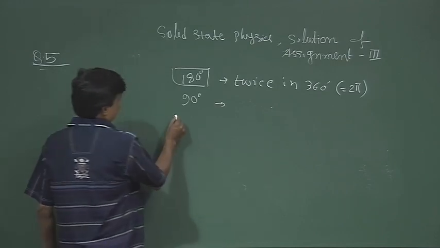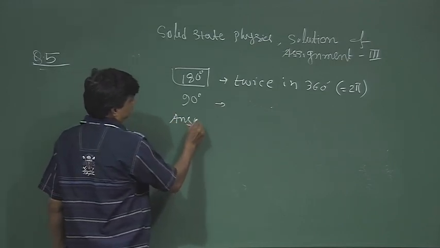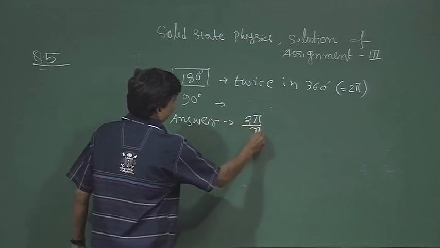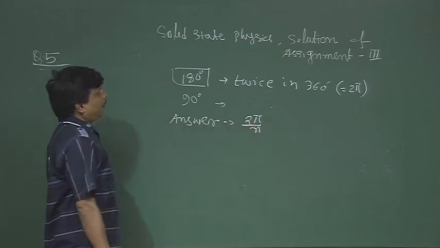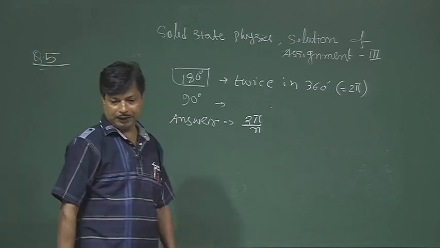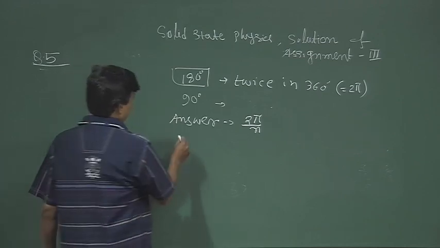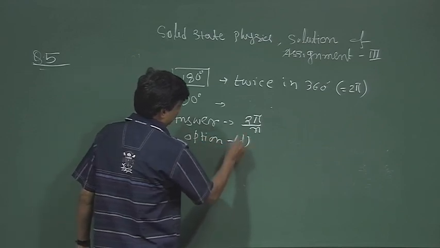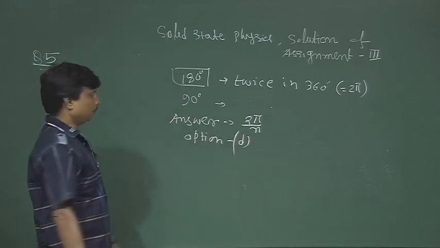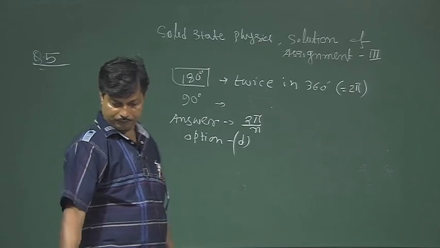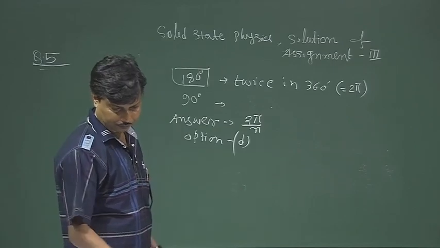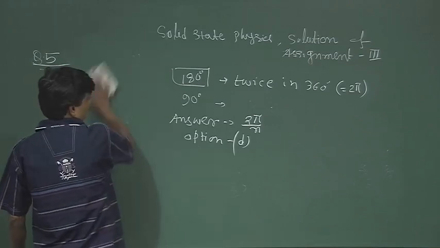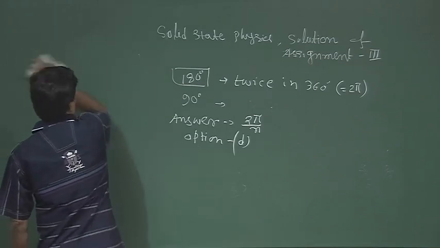So, the answer will be 2 pi by n. Which option is correct? Option D. So, option D is the correct for question number 5.